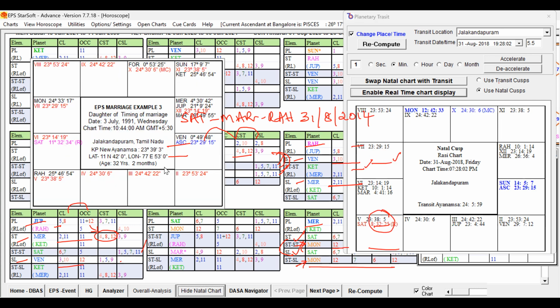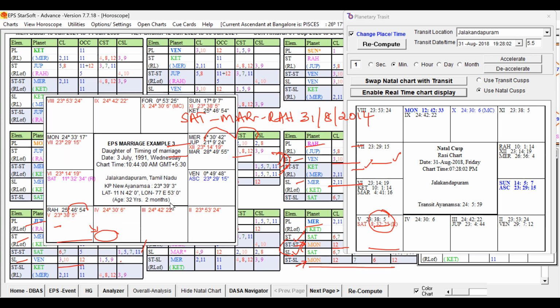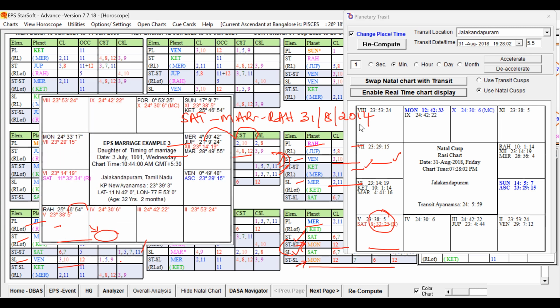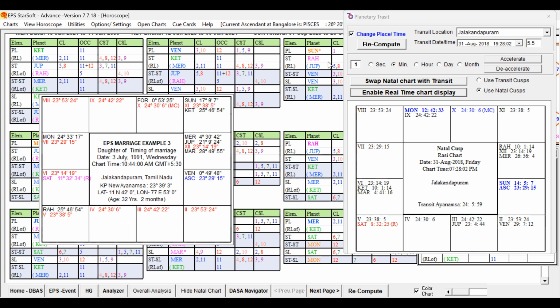Let me open that birth chart also. Okay, so let me clear this writing so that we can clearly see that. Where is the Jupiter? Jupiter is there in the sign of Libra.